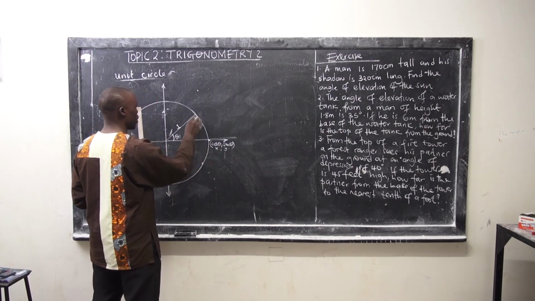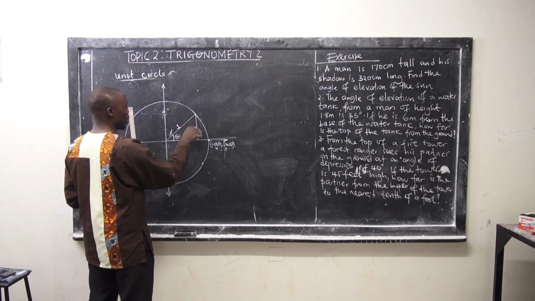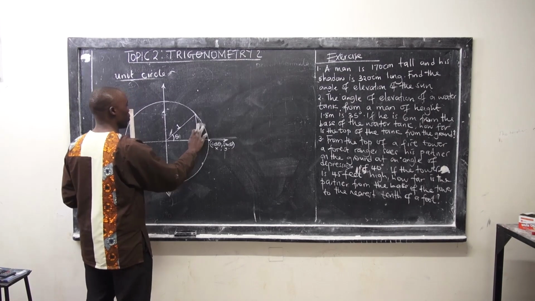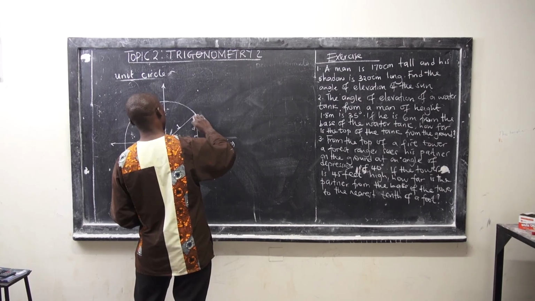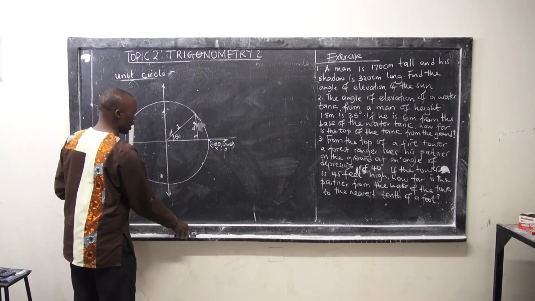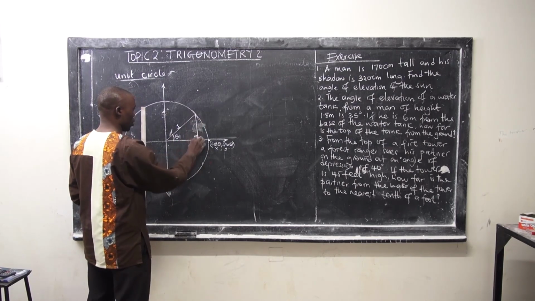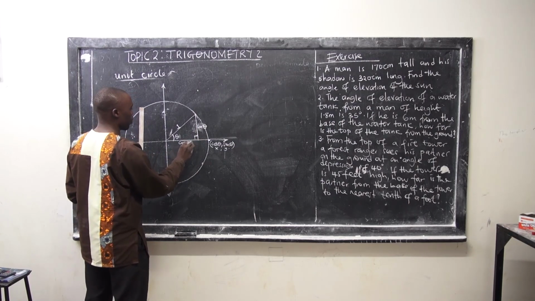So if we create this triangle, this value stands for y, which is sin theta. Let me write it horizontally here. So this is sin theta, then down here would stand for cos theta.